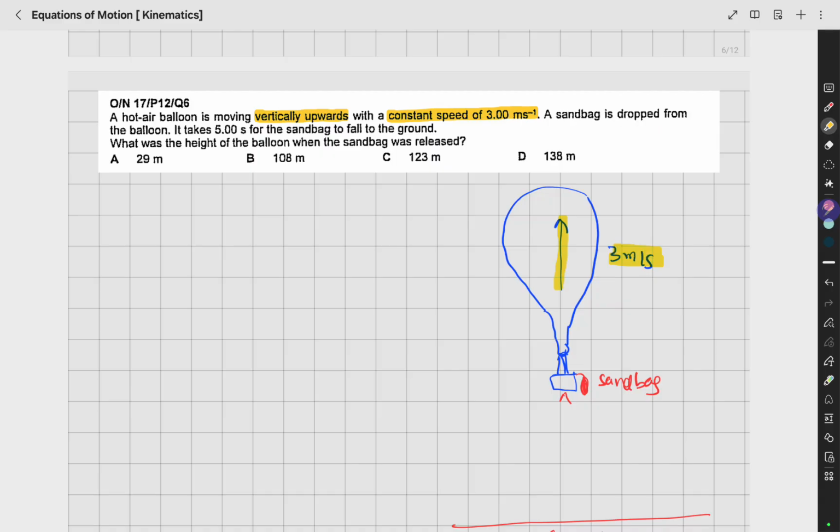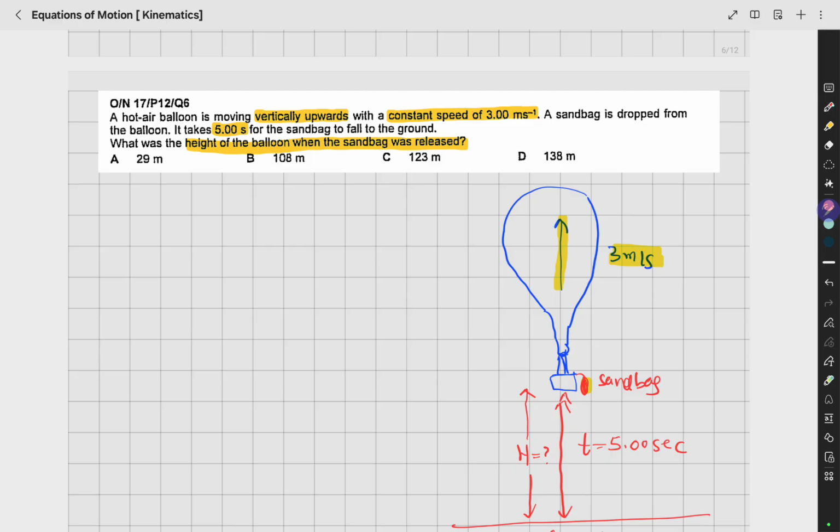A sandbag is dropped from the balloon. It takes 5 seconds for the sandbag to fall to the ground. So it takes 5 seconds to reach over there. What was the height of the balloon when the sandbag was released? It means that you have to find this height.